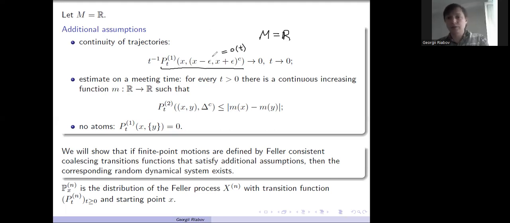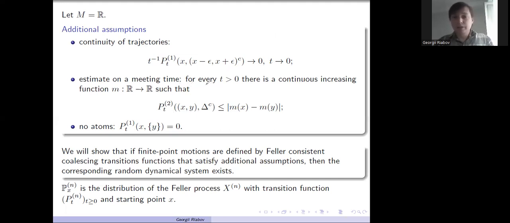It is known that under this condition, our finite point motions will have continuous trajectories. The second assumption is the estimate on the meeting time.